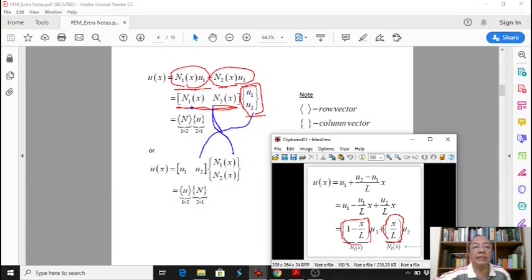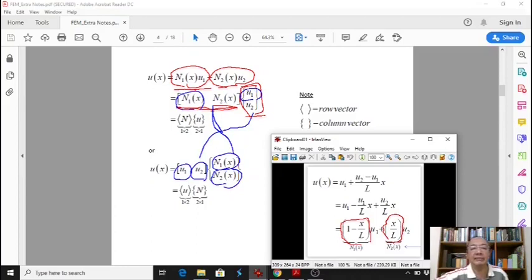If we see from here, n1 times u1 equals u1 times n1, plus n2 times u2 equals u2 times n2. So we can change a position.